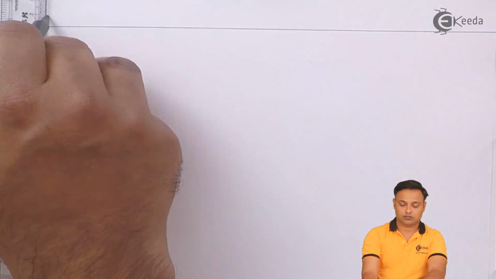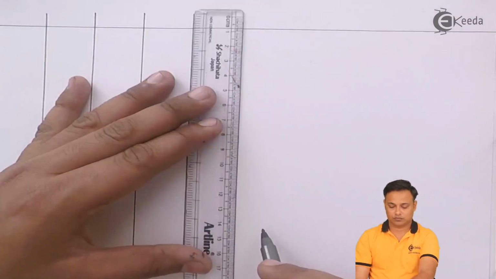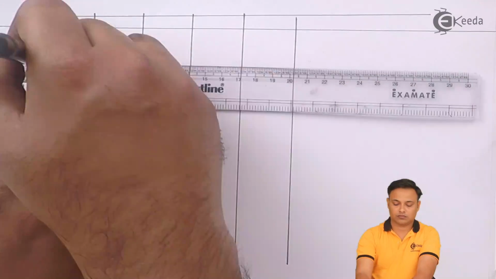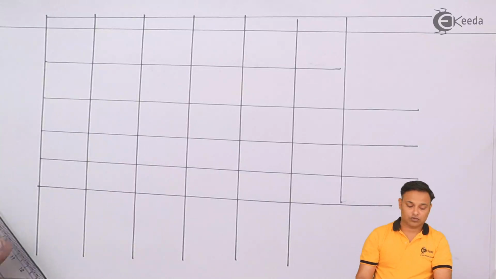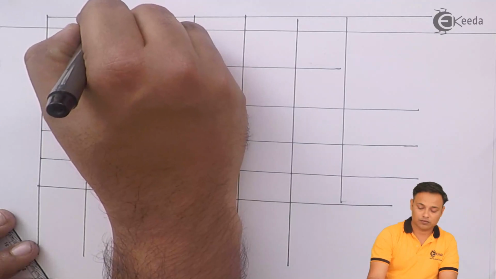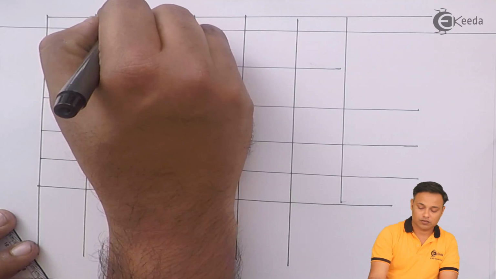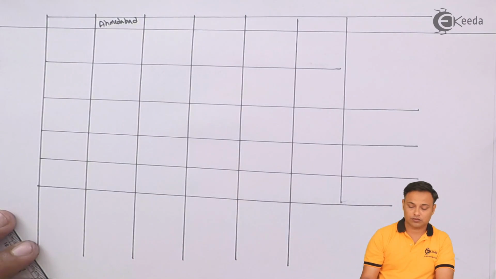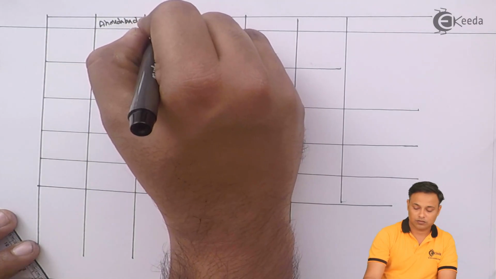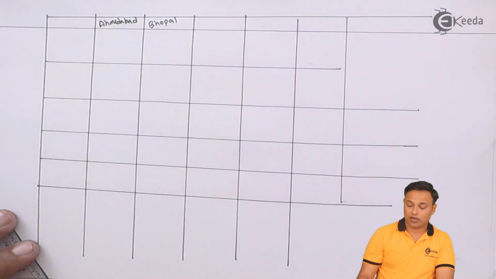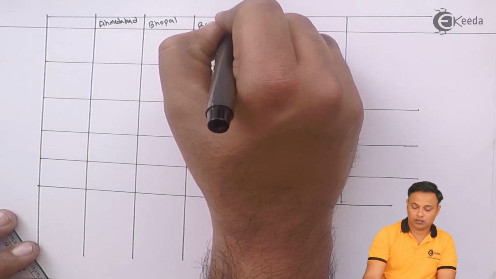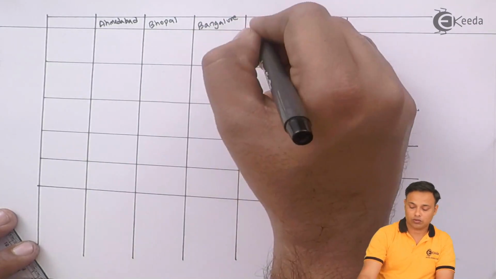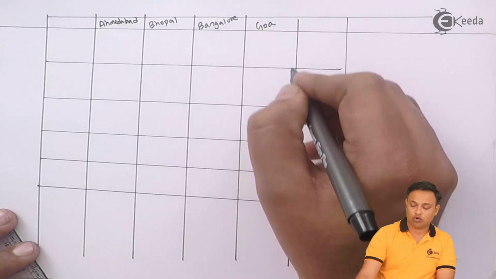So let's draw the lines first. So here I have Ahmedabad, Bhopal, Bangalore and Goa.